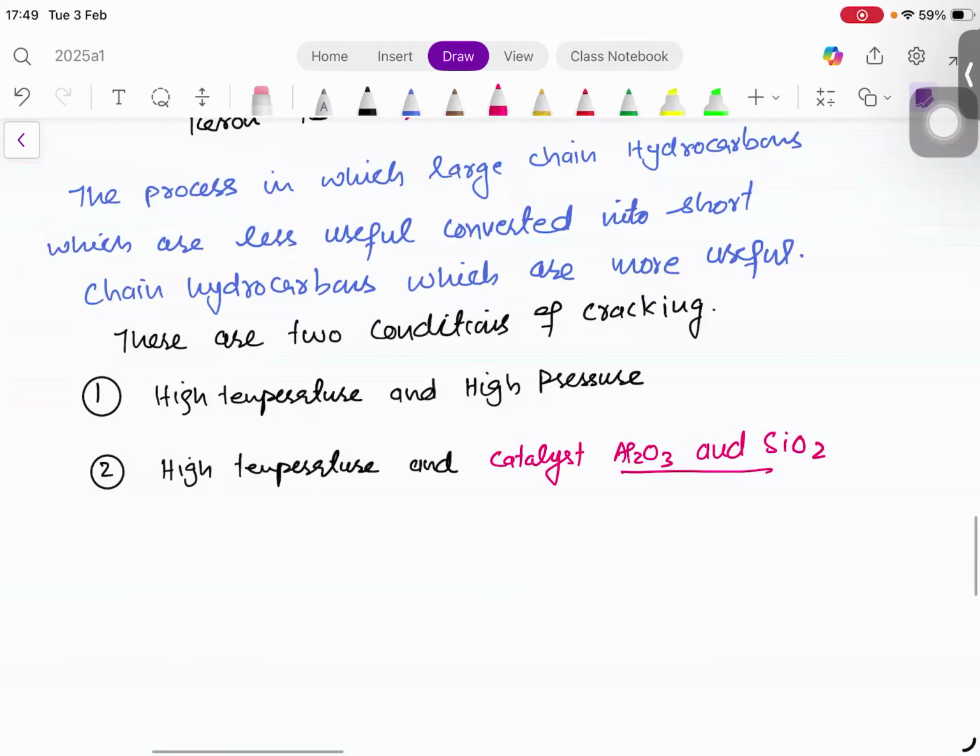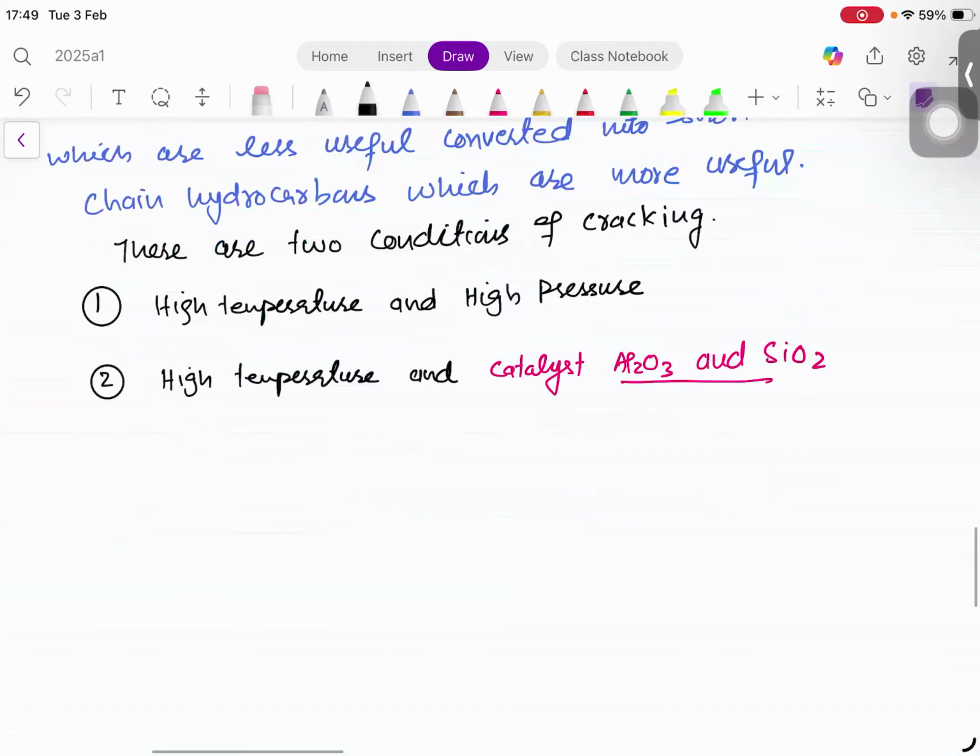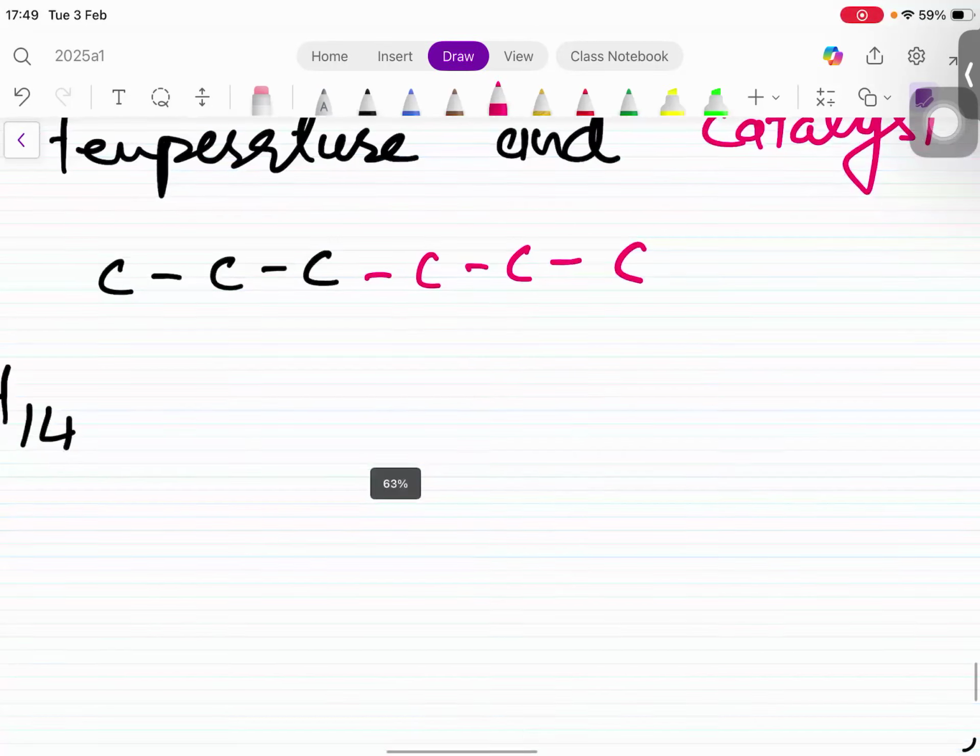Now let's see how the equation goes. Look at this. For example, I have this alkane C6H14. How many carbons? 1, 2, 3, and then 1, 2, 3. If this is an alkane, I'm going to crack it. One thing you have to keep in mind is that you can crack it anywhere, right?